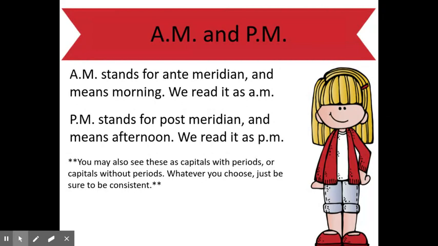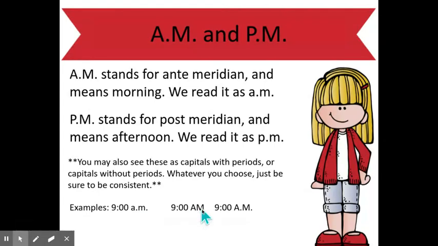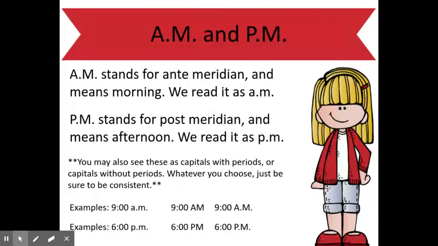And I looked this up to make sure that I was telling you the right thing because I've seen it all different ways. And that's because they're all okay. They're all technically correct. So you could write 9 a.m., both lowercase, periods after both letters. You could write 9 AM, both capitals, no periods. You could write 9 A.M., both capitals, both with periods. Okay? Same goes for PM.